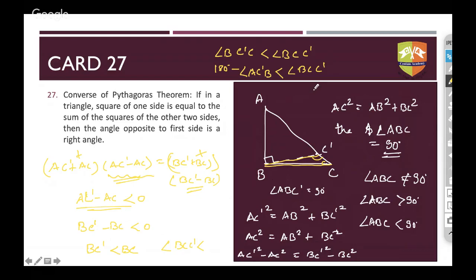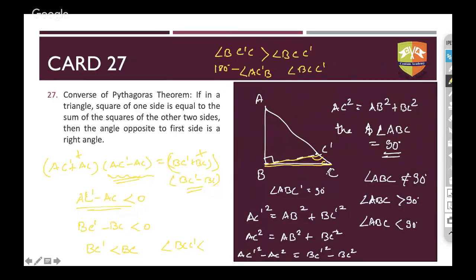Wait a minute. What did we prove? BC dash is less than BC. So BCC dash is less than, oh, other way around. Sorry, yes, this is other way around.